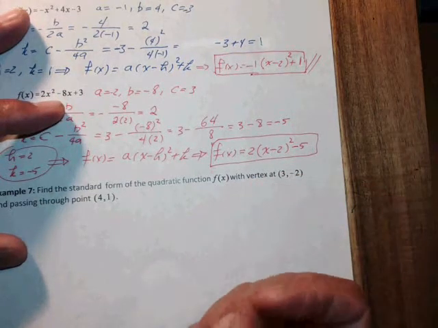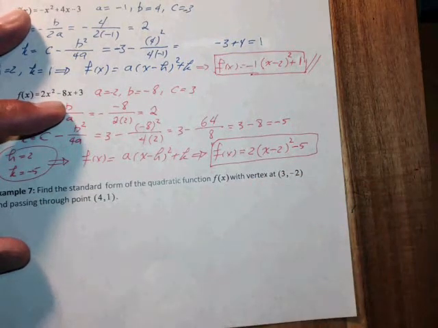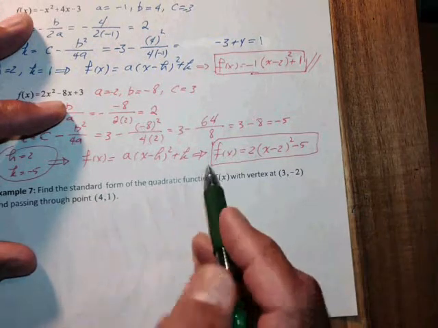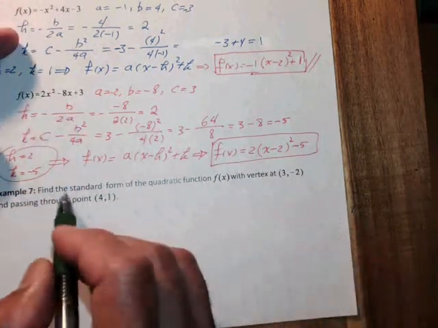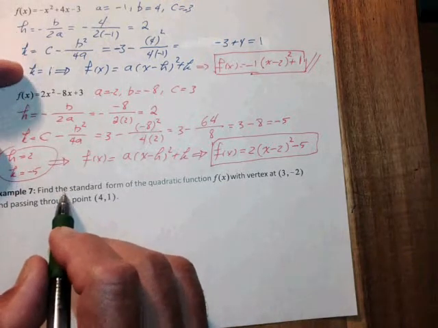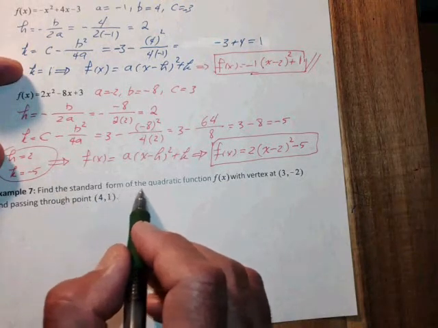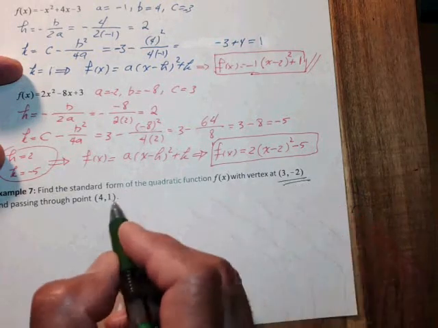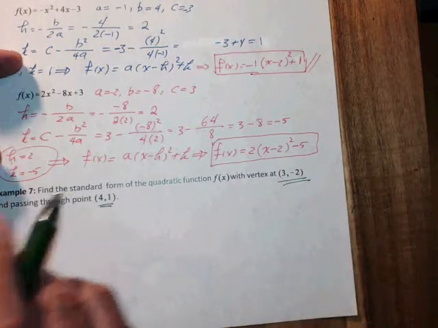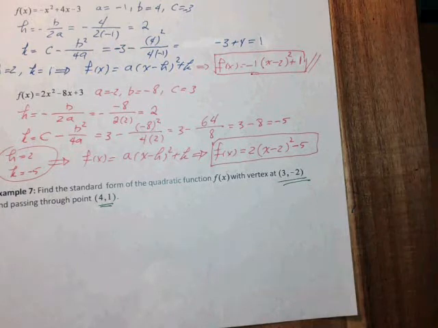Usually one piece of information is the vertex, and another is some other point other than the vertex. For example, here it says find the standard form of a quadratic function when this is the vertex, and it also goes through this point. So how do I do this kind of problem? That's what I'm going to show you.